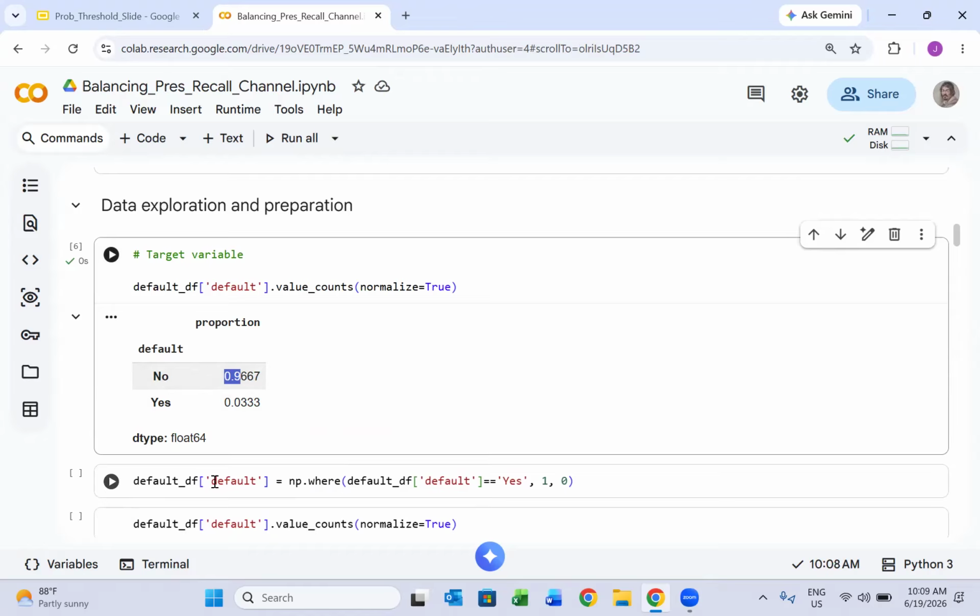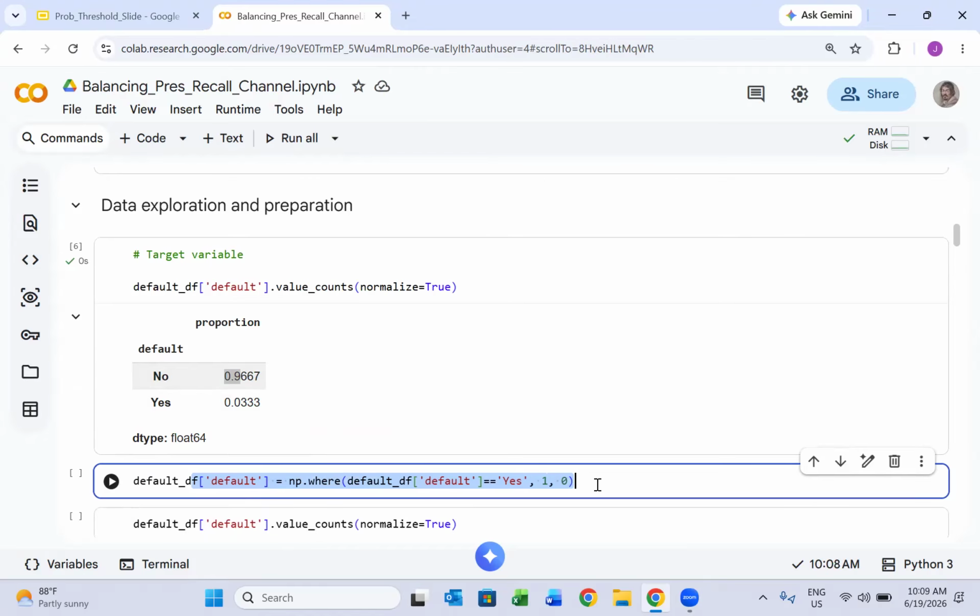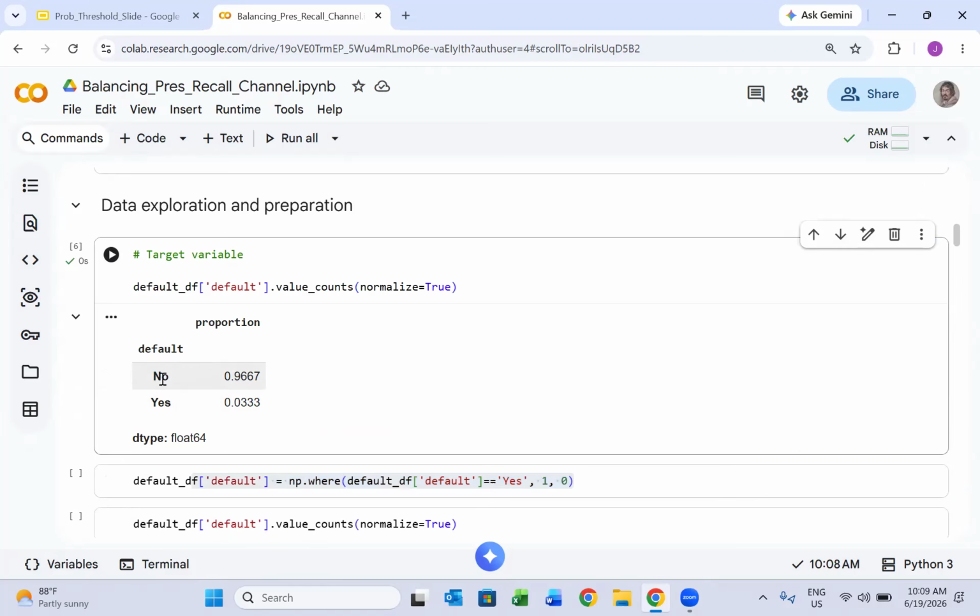One thing I want to do, and this is totally optional, guys, what I'm doing right here is totally optional, but in scikit-learn, it's okay to work with character classes, right? So the classes are no and yes, so they are character values, right? It's totally fine to work with them in scikit-learn.